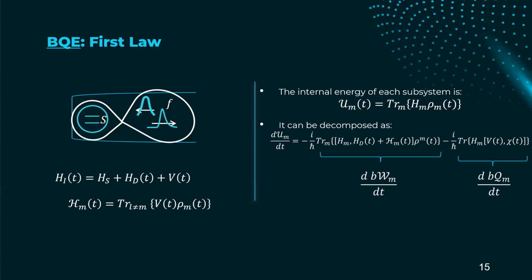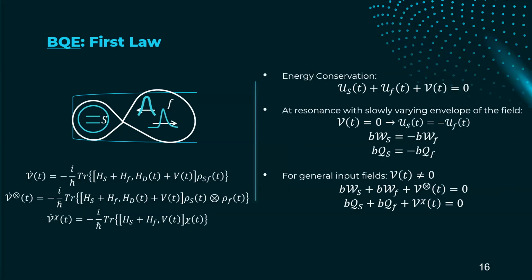We define it like this, but we have the state of the field now in our definitions, okay, and the correlation. And this driving term can be defined for both the qubit and the field, as you can see here. It could be the qubit driving the field or the field driving the qubit. That is why this is a bit symmetric now, because we can define work or heat for the fields itself. Okay, so this is the first law. I'll be talking about the first law for a while.